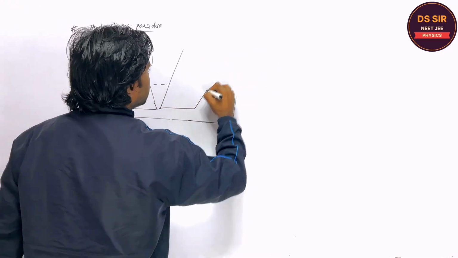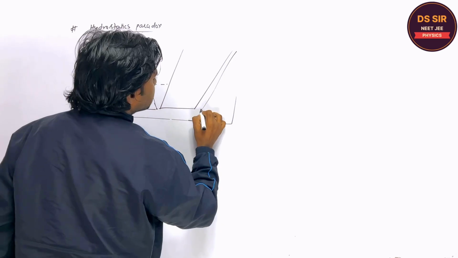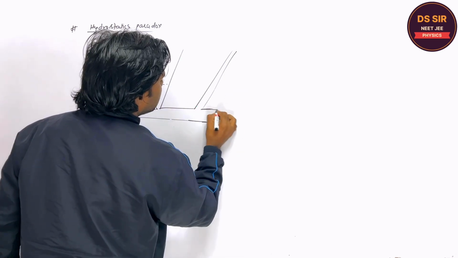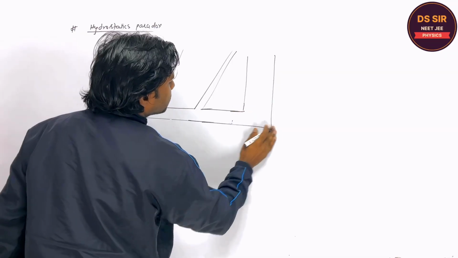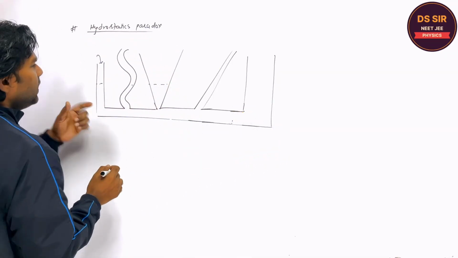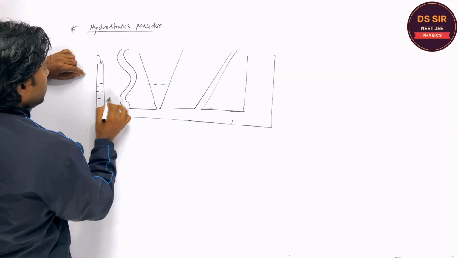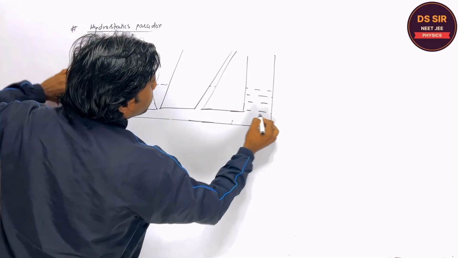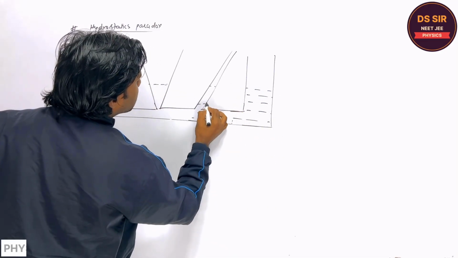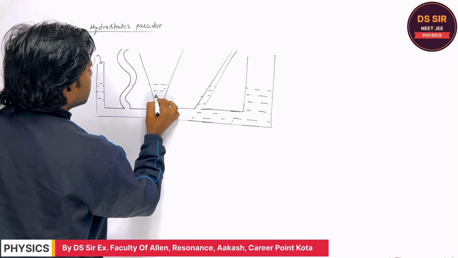Also, it may be tilted like this, right. It may be tilted like this. Fine. So when you fill the water or the liquid, the level of the liquid will be similar. Is it clear?